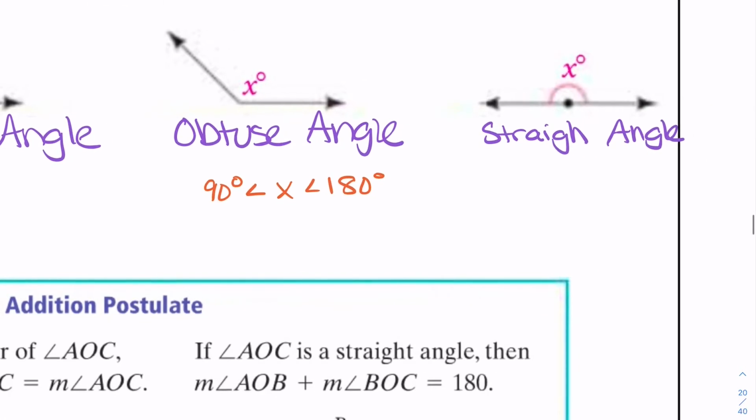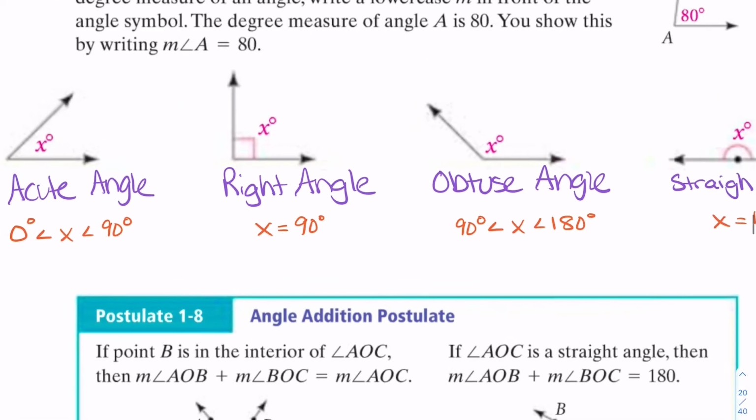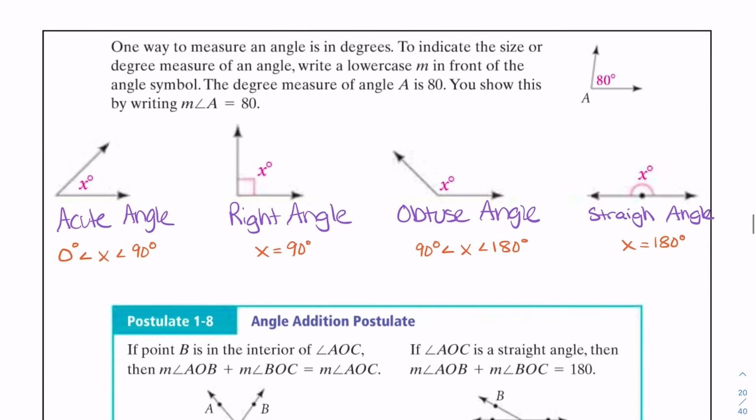And so a straight angle is exactly 180 degrees, and a right angle is exactly 90. And there we are. So we can classify an angle as being an acute, right, obtuse, or a straight angle. Now it looks like I forgot a letter here. There we go.